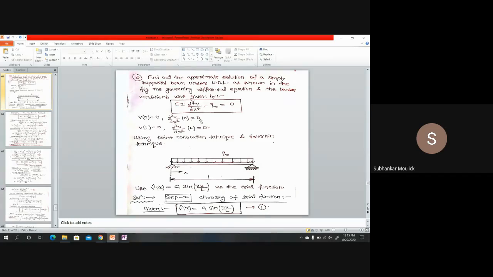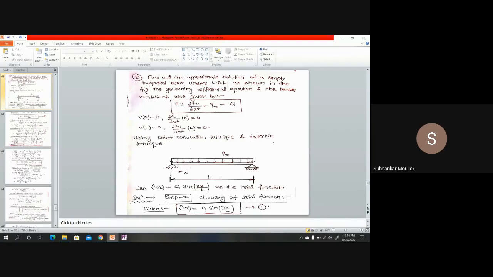In this question, the unknown parameter is the deflection V, and V cap will be my approximated solution. So your given differential equation becomes E into I d4 V cap upon dx4 minus q naught equal to 0.